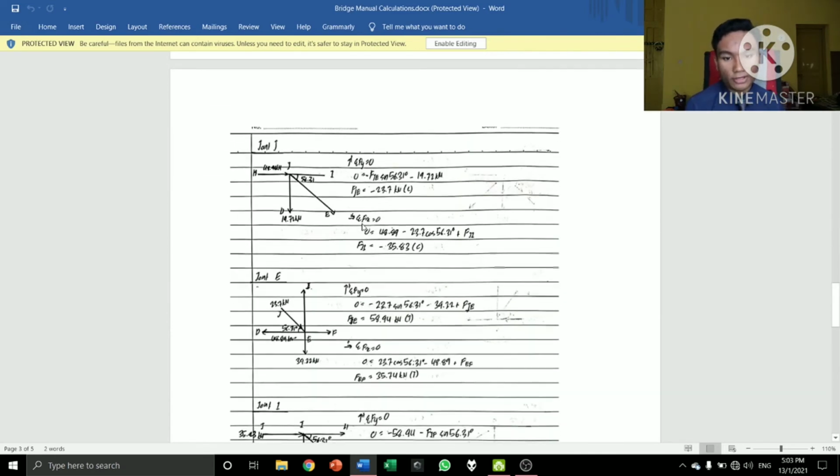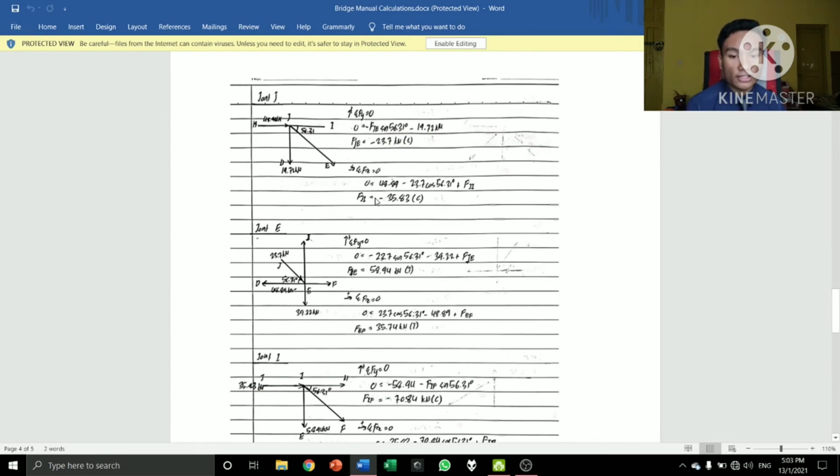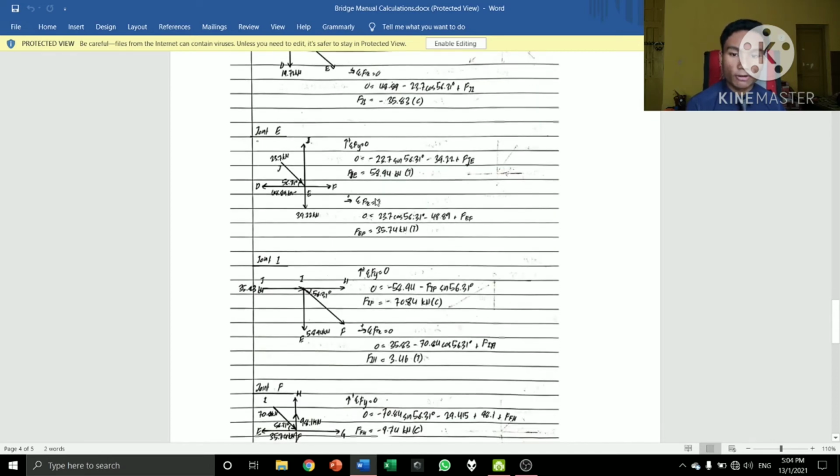For joint J, we managed to find the value of FJI, which is negative 23.7 kilonewtons in compression, and then FIJ, which is negative 35.83 kilonewtons in compression. For joint E, we find FIE, which is 58.94 kilonewtons in tension, and FEF, which is 35.74 kilonewtons in tension.